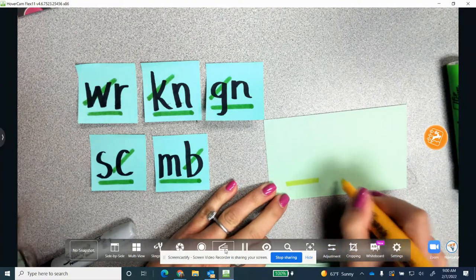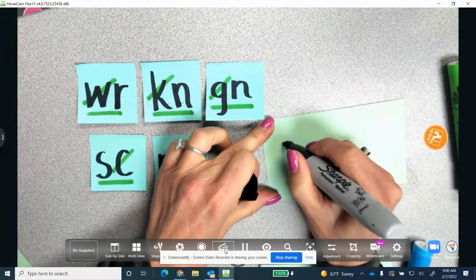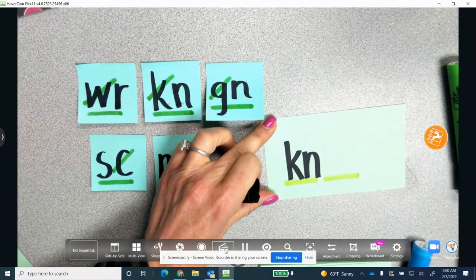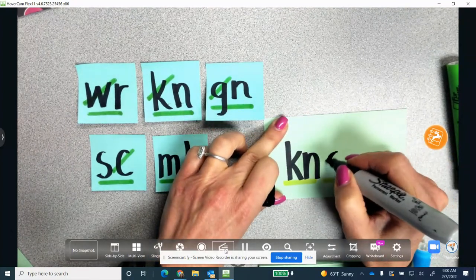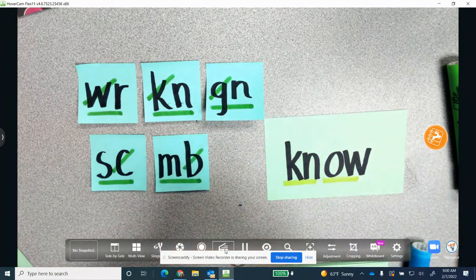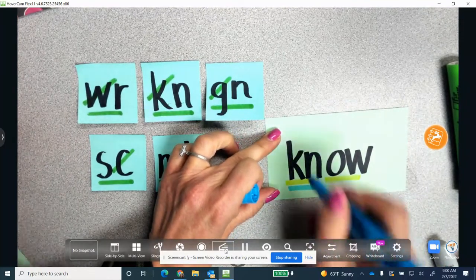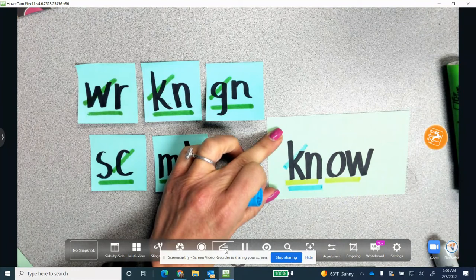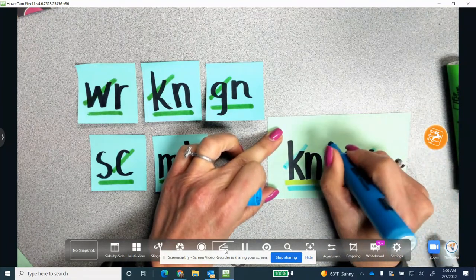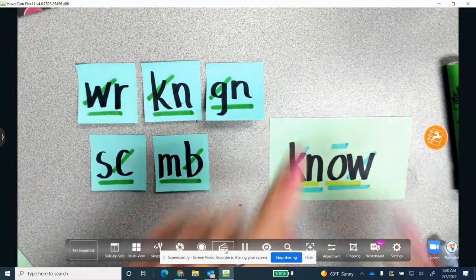No. O. So K is going to be silent. And I have the long O sound, and we recently learned that we can spell that with a digraph O-W. So we have this digraph where the K is silent, and we have this digraph where the W is silent and the O says its name. No.